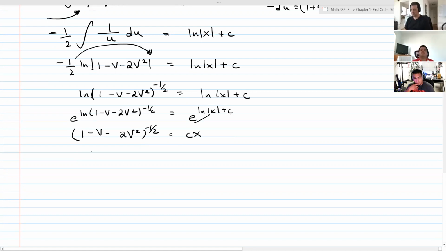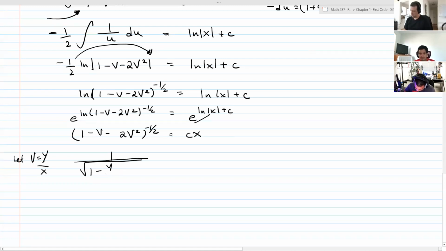We'll see if that's the case. Now, because it's the negative 1/2, it's going to be 1 over the square root of 1 minus, and then I'm going to remember, let v equal y over x, because that's what our original change was.